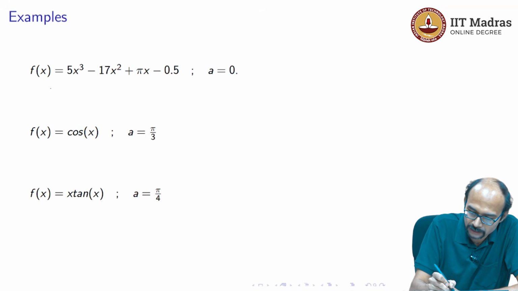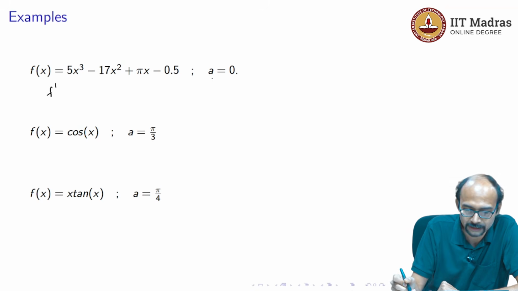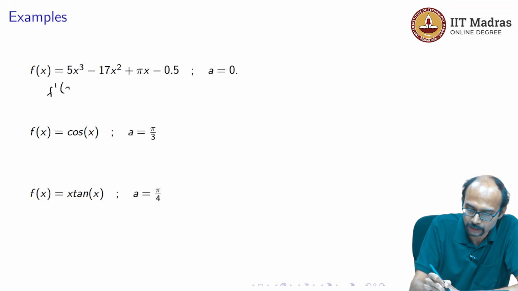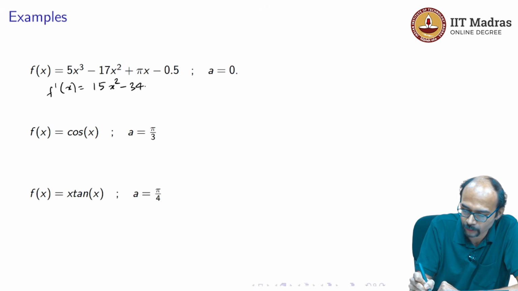So, the tangent line here, we want to find it at the point A is 0. So, f prime x is 15 x squared minus 34 x plus pi. So, that means f prime at A, which is 0, f prime at 0 is pi.